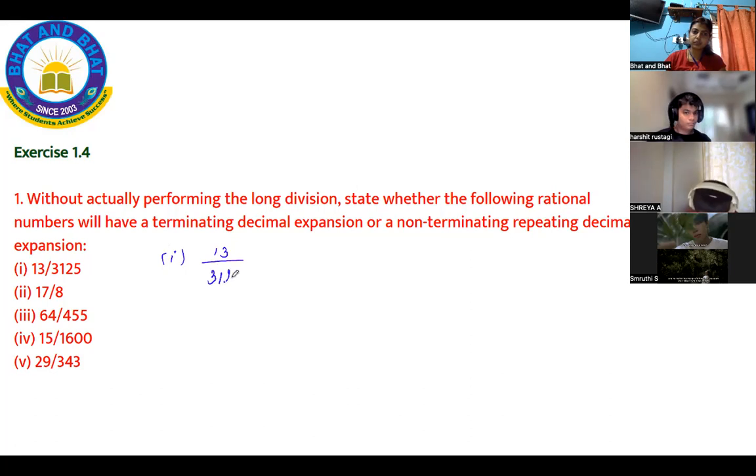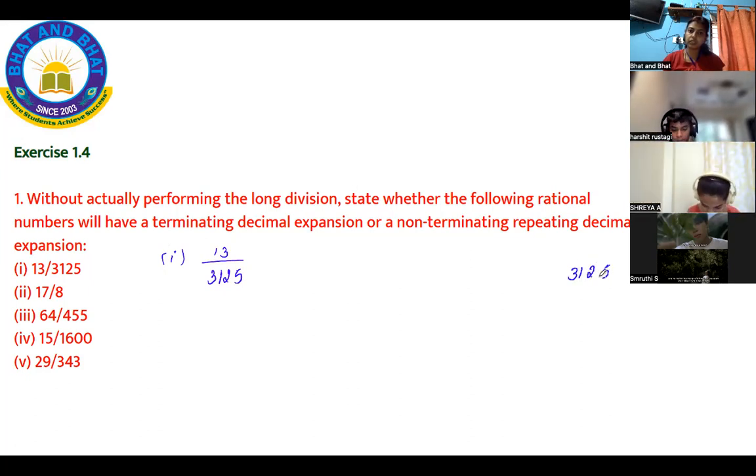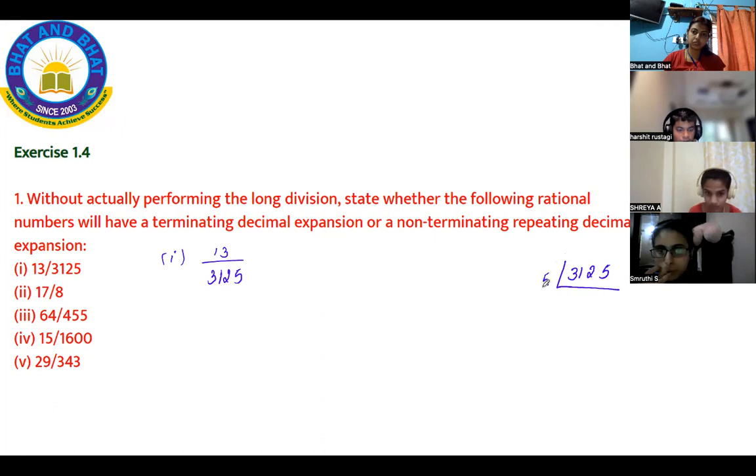Now the first one is 13 by 3125. So let us just take the prime factorization of the denominator, 3125. It is 5 raised to 5. 3125 divided by 5 is 625.